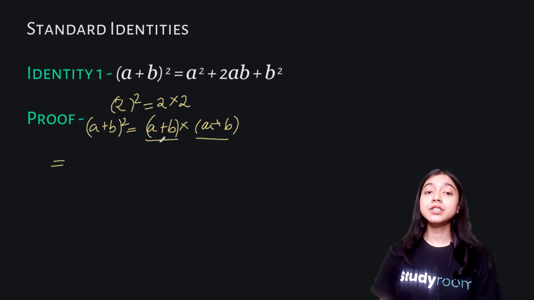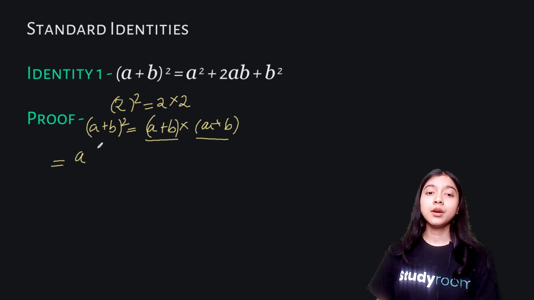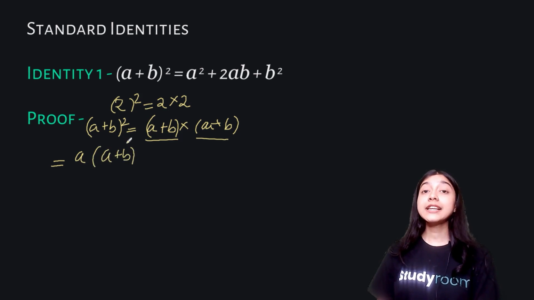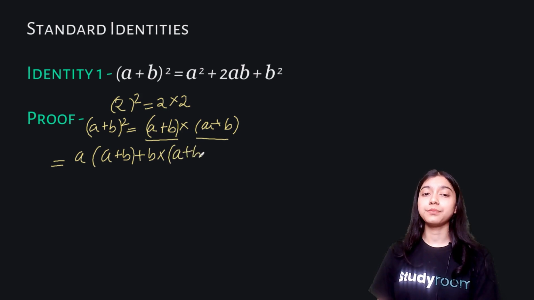So, I'll write. Take the first term of the first binomial and multiply it with the entire second binomial. That is a multiplied with (a plus b). And then I'll take the second term of the first binomial, that is plus b, and multiply it with the entire second binomial, that is (a plus b).